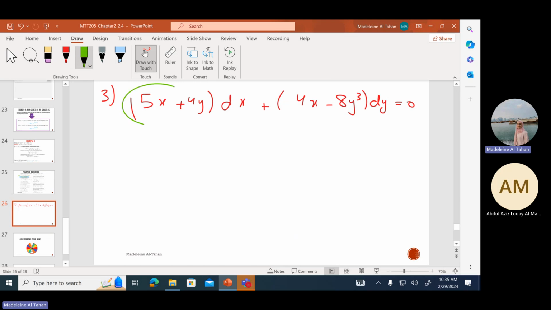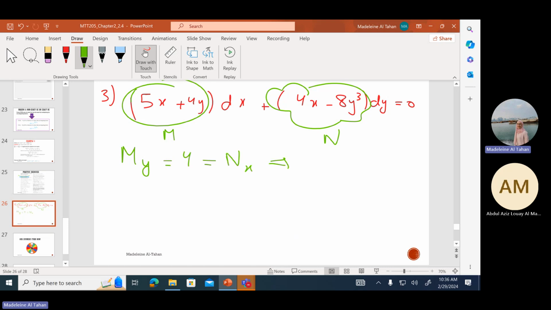So you told me that this one is M and this one is N, right? This is the first step. Then you found M_y equal to 4 equal to N_x. This step all of us were able to do, right, miss?